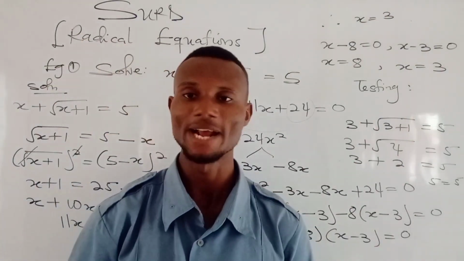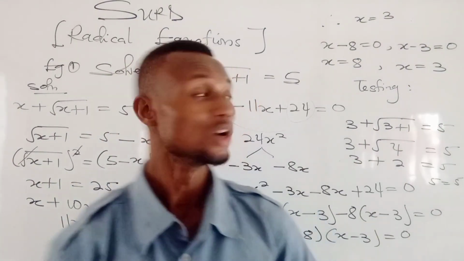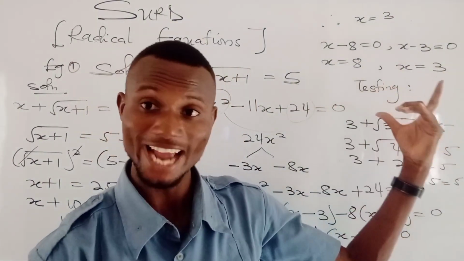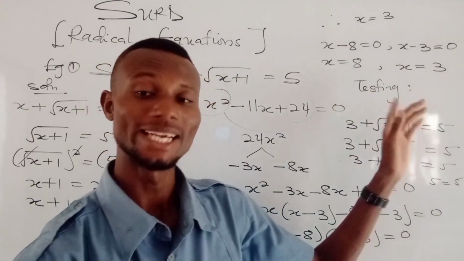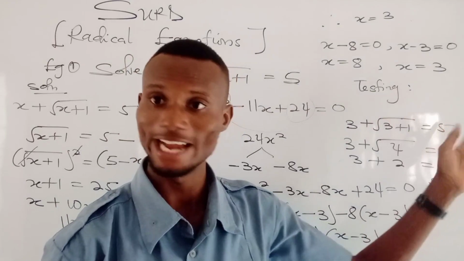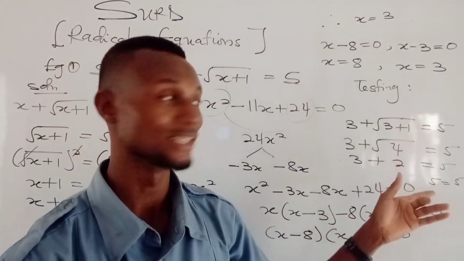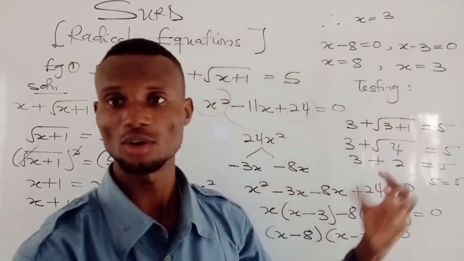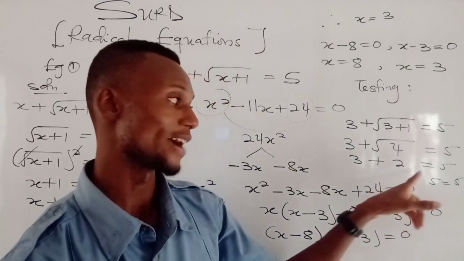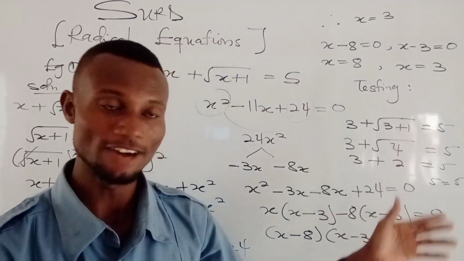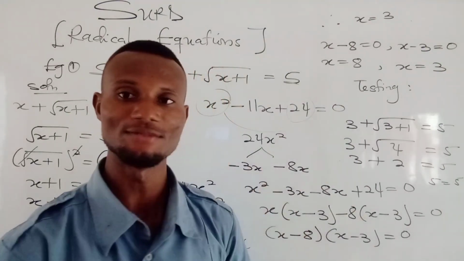Between the two values that we got for s, the actual answer is s equals 3 and not s equals 8, because the testing has proved that s equals 8 does not satisfy the equation. It is s equals 3 that satisfies the equation.